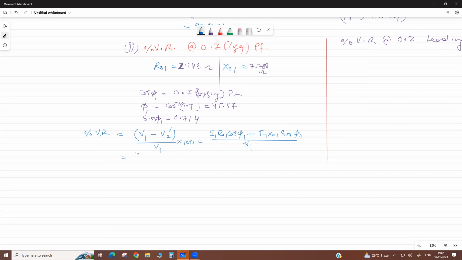I1 you know is 15.3, the current at the primary side, because this is your primary side current when the secondary side is at full load.